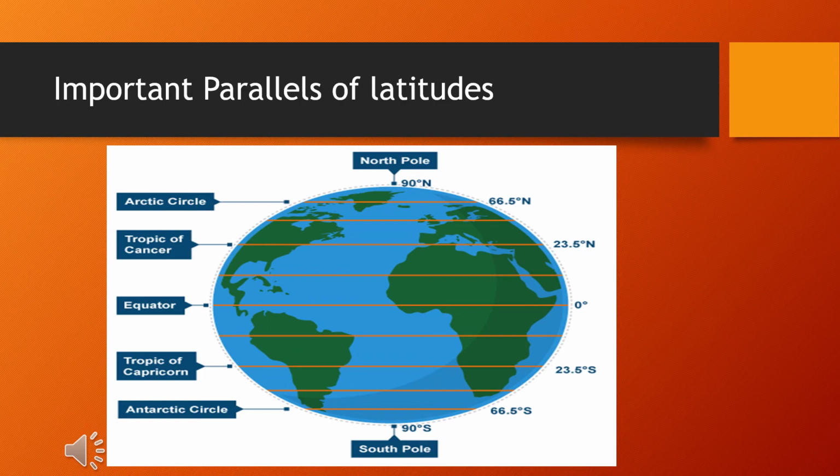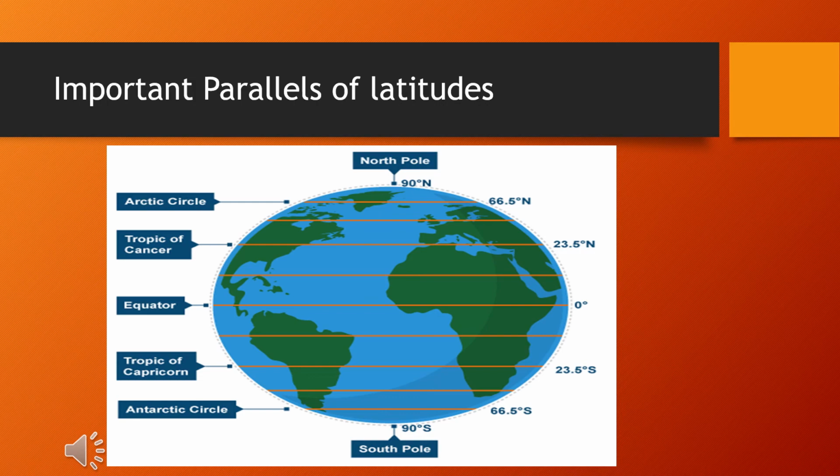Now the Southern Hemisphere. In the Southern Hemisphere, it is the Tropic of Capricorn at 23.5° south. Then the Antarctic Circle at 66.5° south. And the last is 90° south, that is the South Pole.